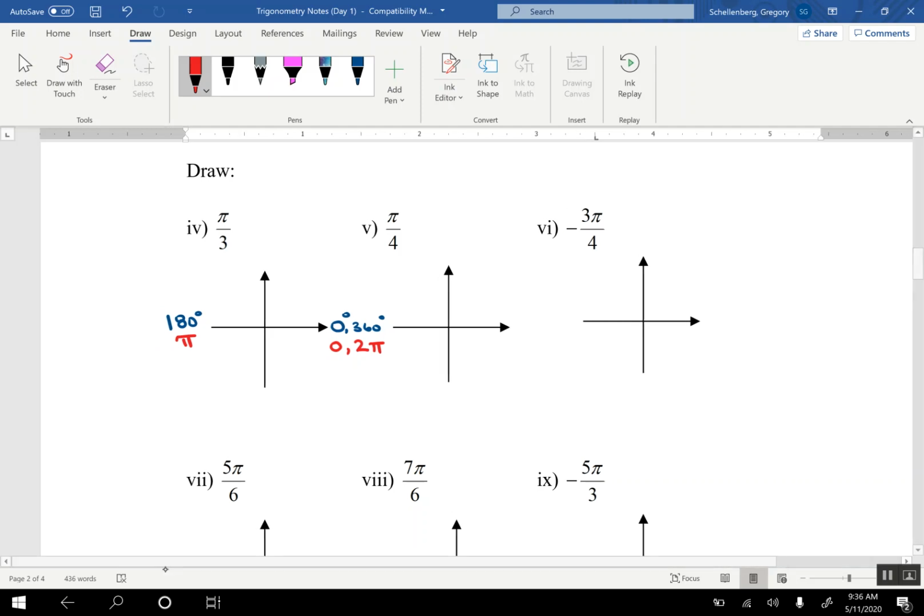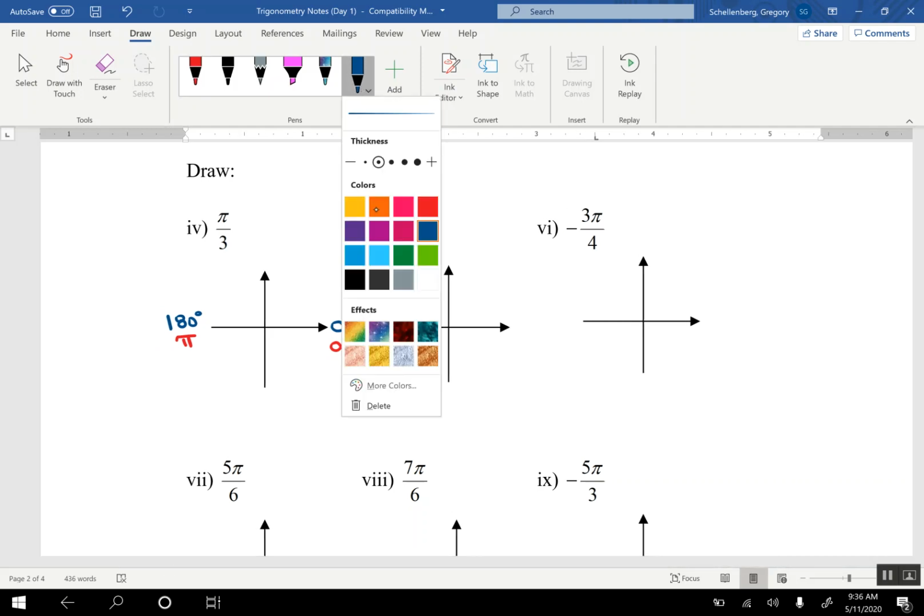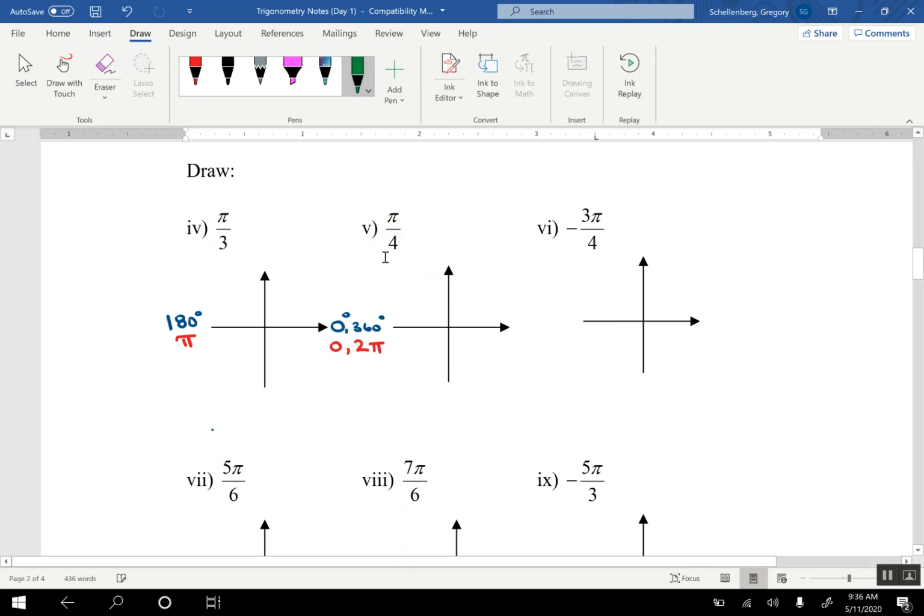Okay, maybe I'll grab a third color here. Now we want to draw pi over 3 radians. Okay, we want to draw that angle in standard position. Okay, so the next thing I'm going to do is, hopefully you will agree with me that 3 pi over 3 is an equivalent fraction to pi.